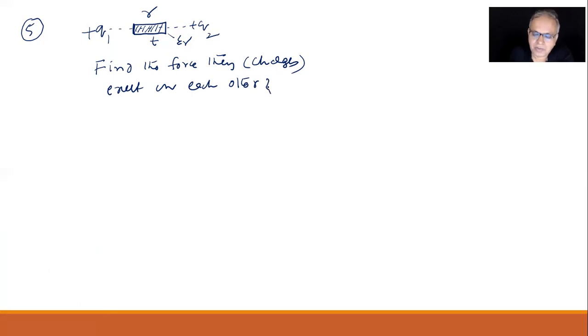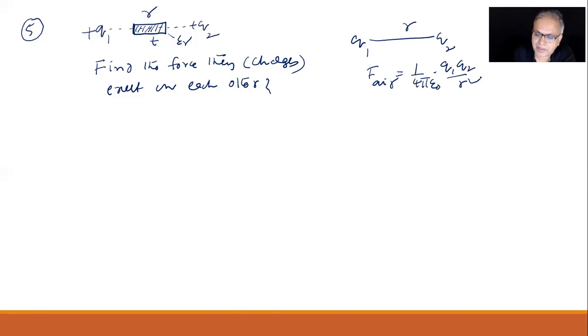Look, when Q1 and Q2 are in air, we write the force in air as what? 1 by 4 pi epsilon 0 Q1 Q2 by R square we write. And if in a medium, what will you write? We write 1 by 4 pi epsilon 0 epsilon R Q1 Q2 by R square.